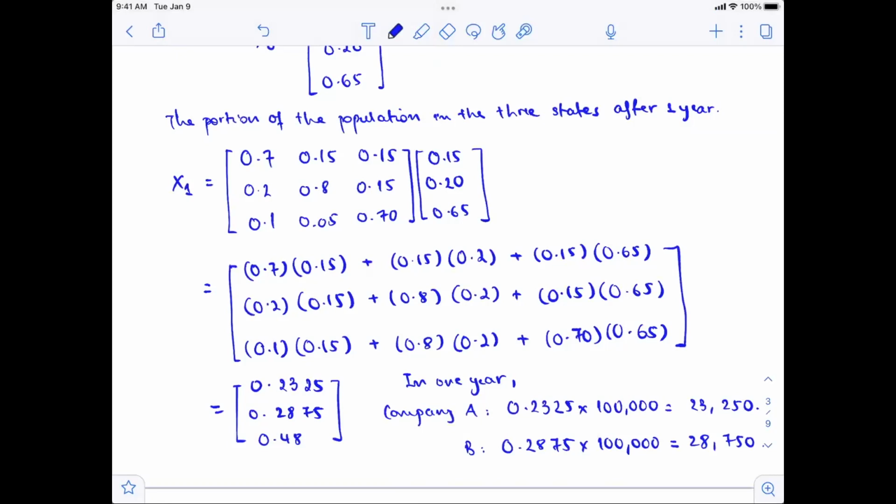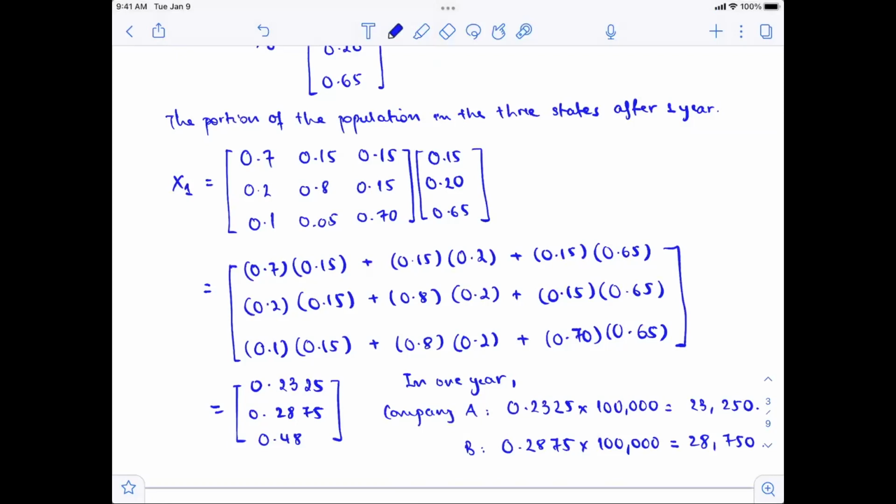What we want to have is a formula so that you can calculate the matrix of the state such that, given any year or any time, you can directly calculate the matrix, right?